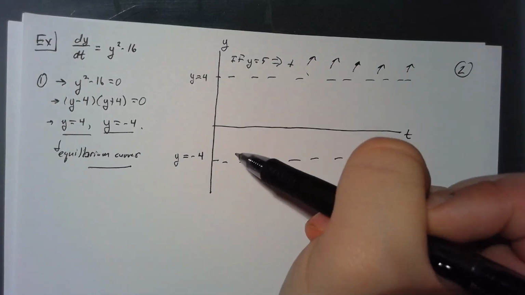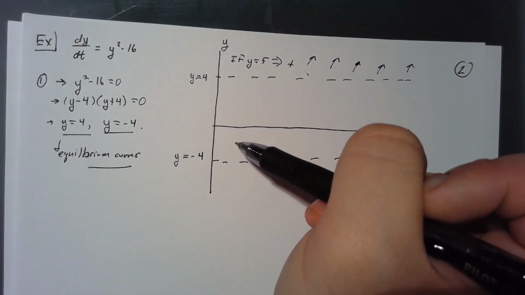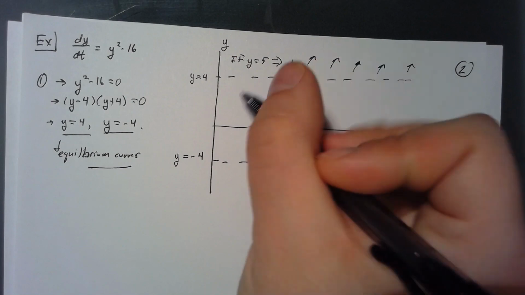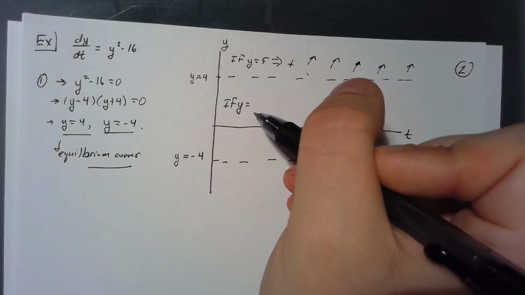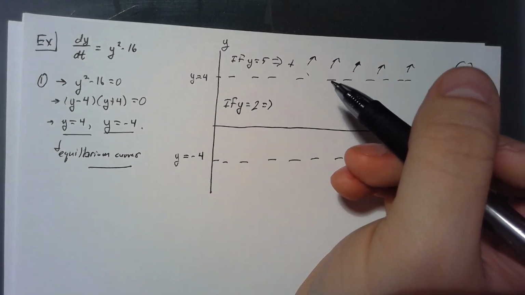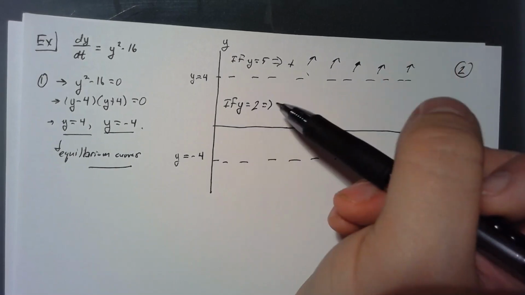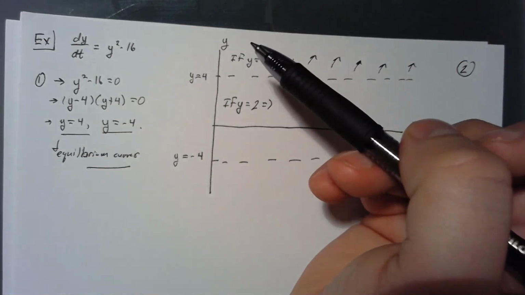Between 4 and negative 4, if y equals, I'll do 2, and I'll do a negative value between 0 and negative 4 just to show you. If I put 2 in here, what do I get? 2 squared is 4. 4 minus 16 is negative 12.